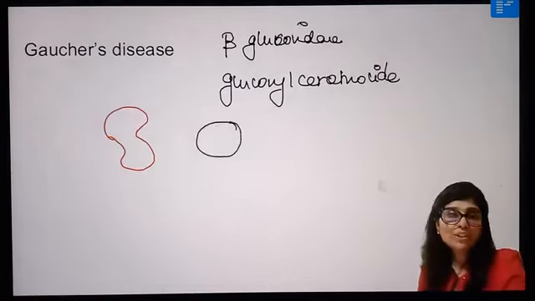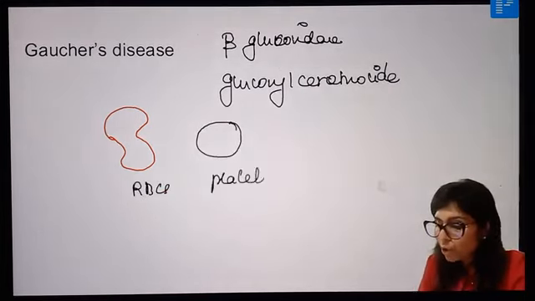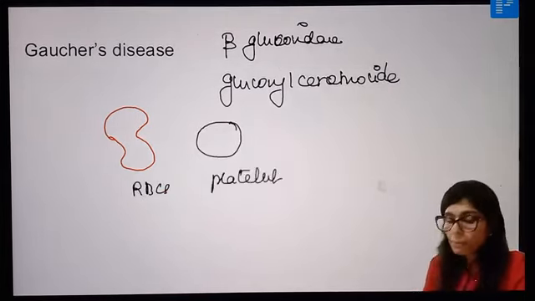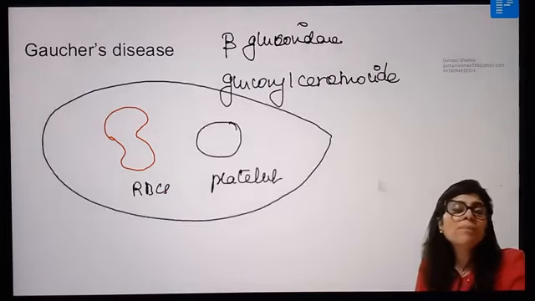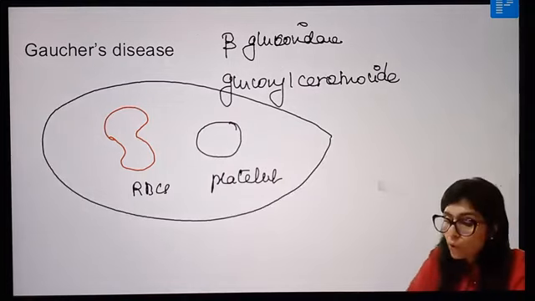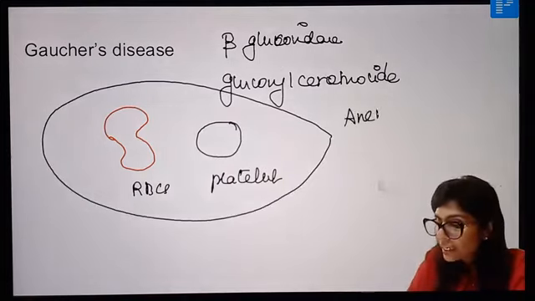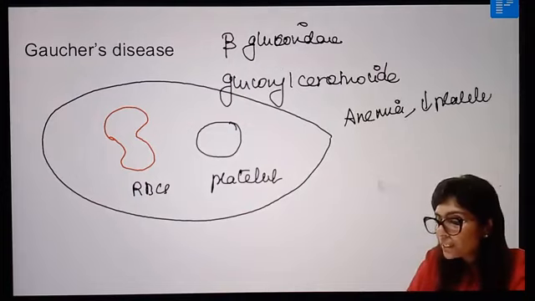So in Gaucher's disease, both RBCs and platelets have abnormal membrane. So they will be engulfed by macrophages. Because macrophages engulf all RBCs and platelets, what will you see? You will see refractory anemia and thrombocytopenia.